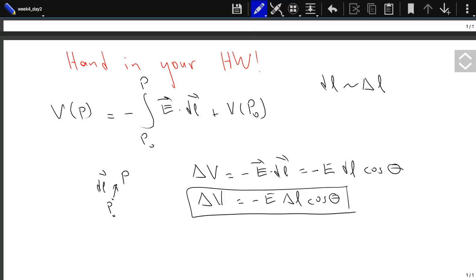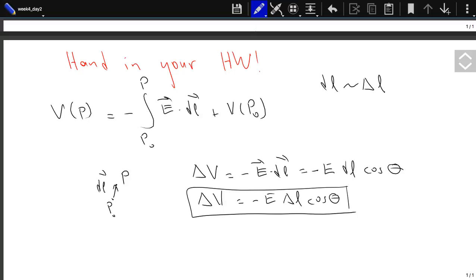We are just measuring the potential differences between these two points. You can imagine you are taking steps in various directions and measuring the potential difference between your original point and your next point. What is the maximum value of this quantity? When cosine is minus 1, that is the maximum value of the change, so the maximum value of delta V is E dot dl.